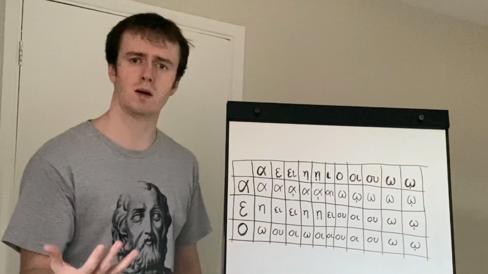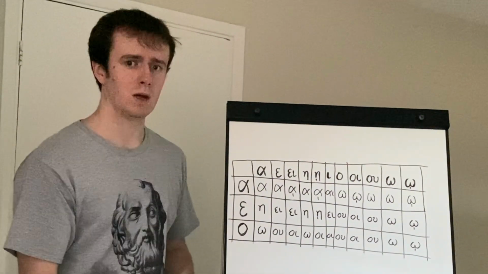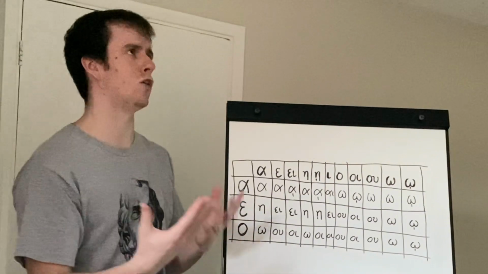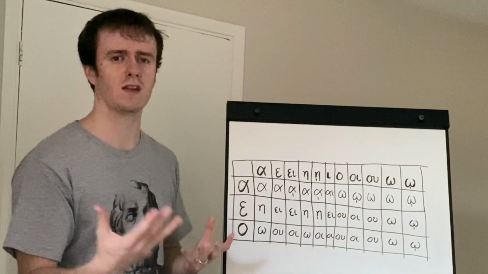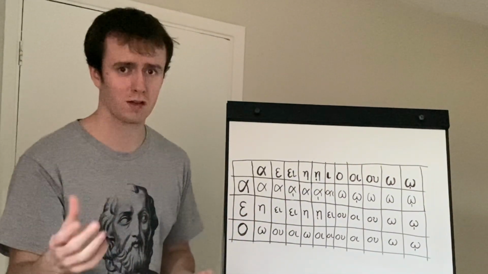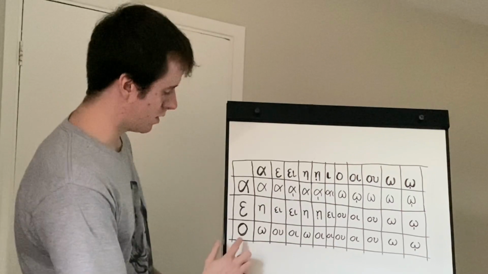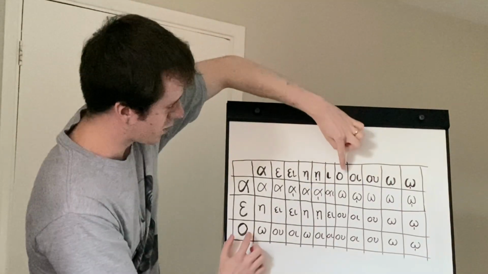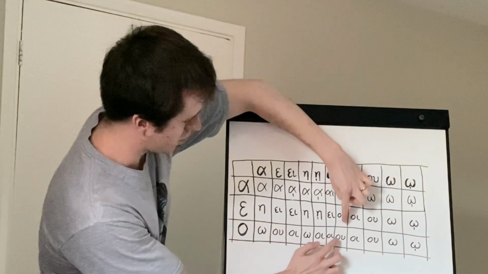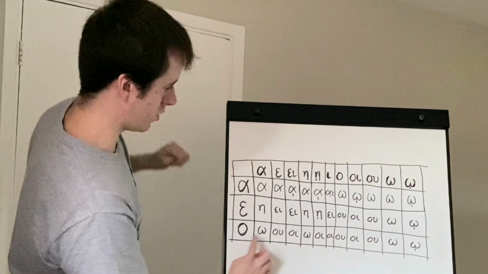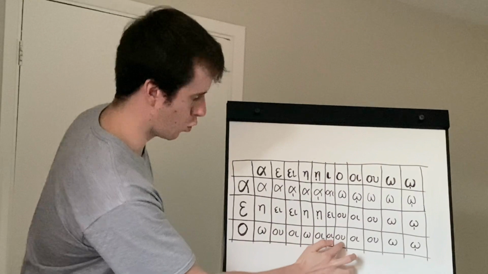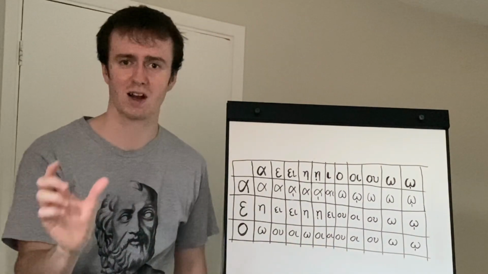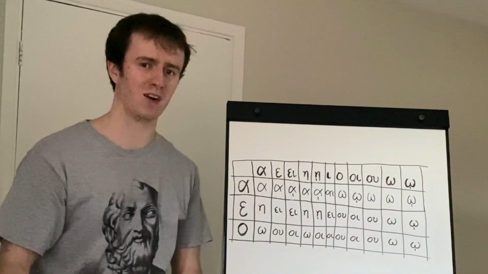Similarly, if you had a verb whose stem ended in omicron and you wanted to find out what happens if that omicron contracts with, let's say, the person ending omen, starting with omicron, then you would look at omicron here and you would follow the column down and the row across to find that omicron plus omicron makes ou. So the person ending would look like oumen rather than omen.